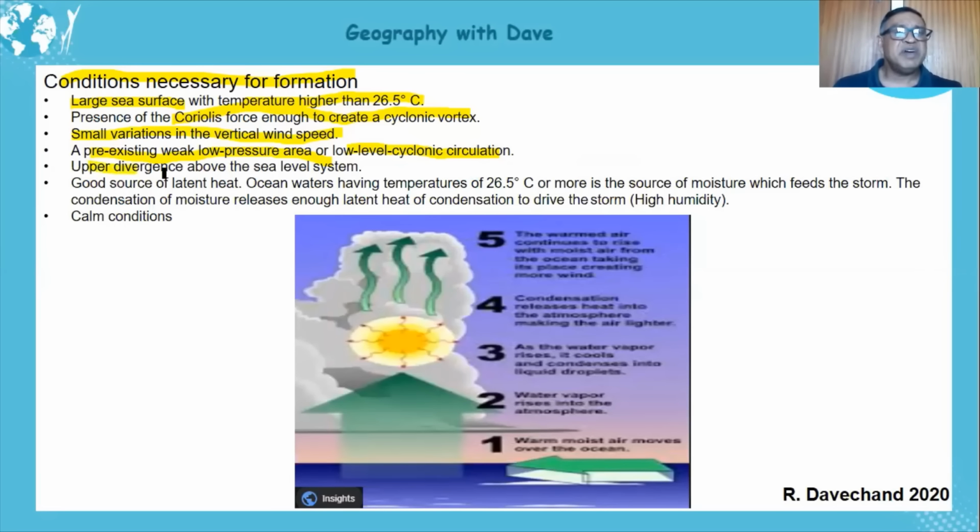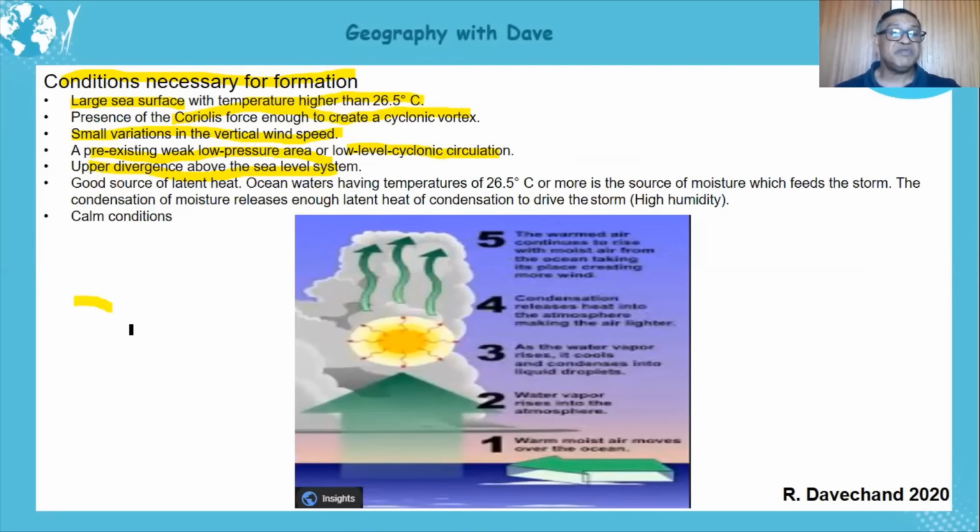Upper air divergence above the sea means air going up and diverging. As it goes up, it cools, condenses, forms clouds, and divergence occurs. Because if divergence doesn't occur, we're not going to have low pressure in the center. So if I draw something here, I'm just going to draw it briefly.